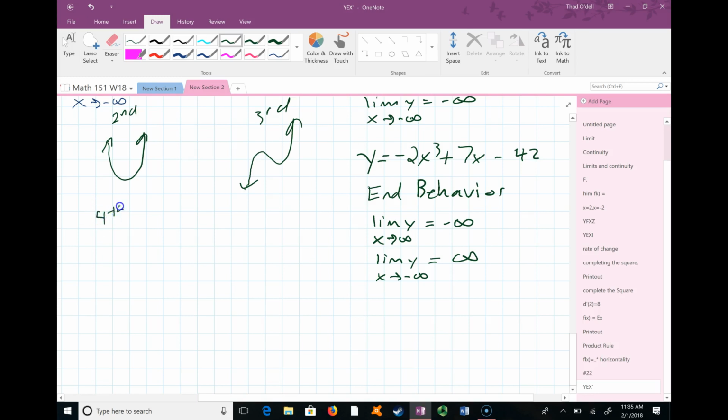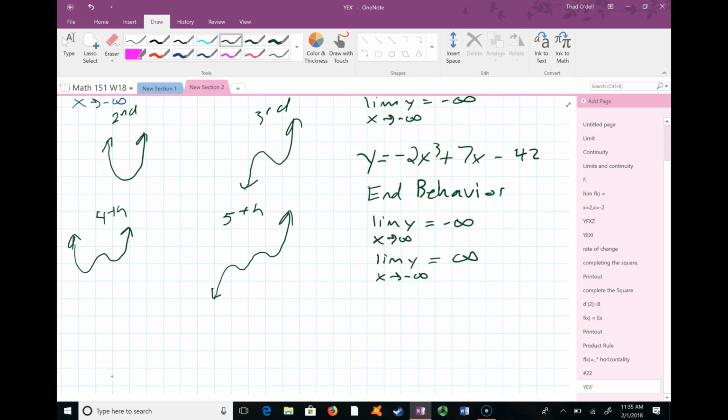And a fourth degree is going to be similar to the second degree, except it's going to have some extra bumps in it. So it'll look like that. And a fifth degree, again, will look similar to that, but it'll just have some more bumps in it. And so what we discover is, as far as end behavior goes, all the even-powered polynomials behave like the quadratic, and all odd-powered polynomials behave like the cubic.